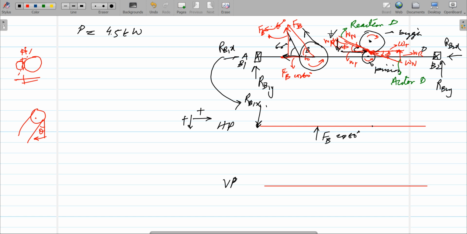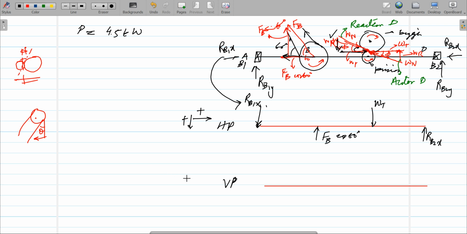Although in different books there are different concepts, my analysis of 8 to 10 books concludes that you have to take the triangle direction in which the radial force is acting towards the shaft. So if this is the force and it is in line with RB1X, it is written as WT. And the last force, which is this RB2X, is actually opposite to RB1X, so we have to write it like RB2X. So hopefully you have understood the idea of writing those forces.